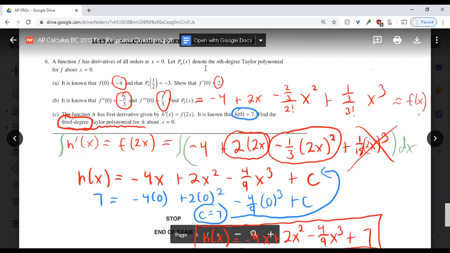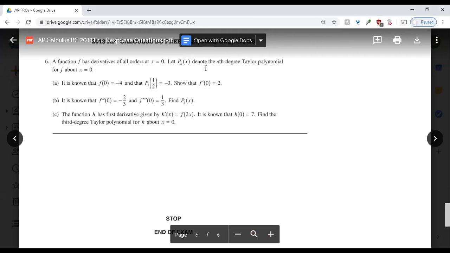Can you do letter A, please? Letter A, let's look at letter A. Okay, letter A, let me clear this out. So 6A. So we're trying to show that f prime of 0 equals 2. So that means it's a first order polynomial if we're only going to the first derivative.